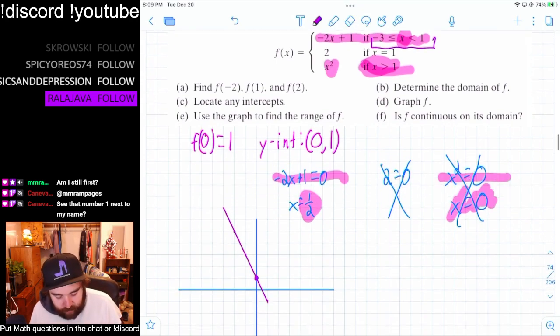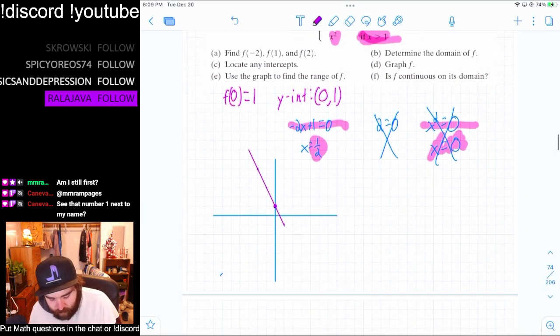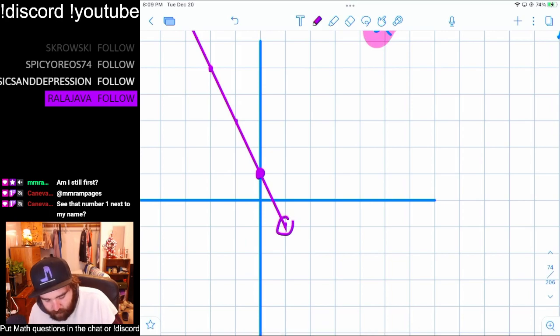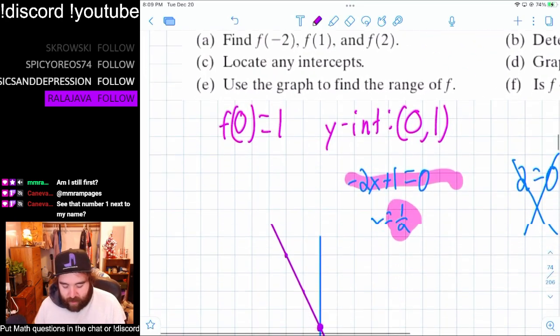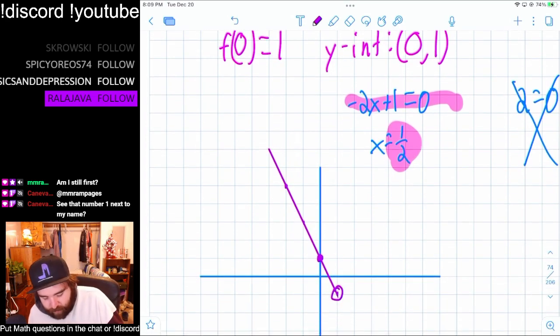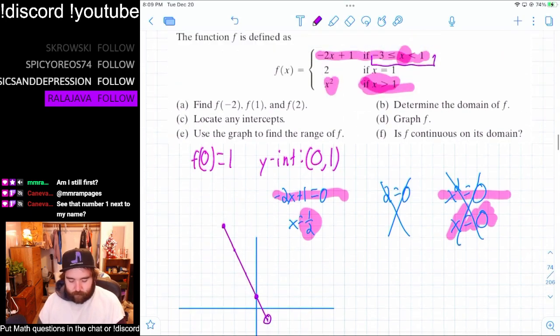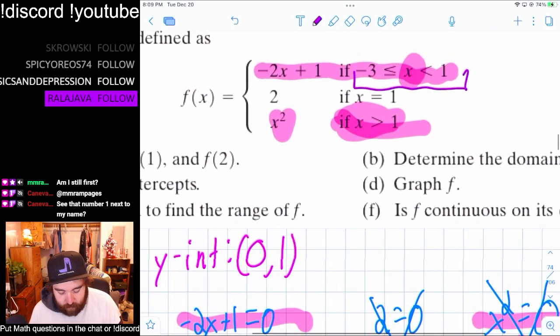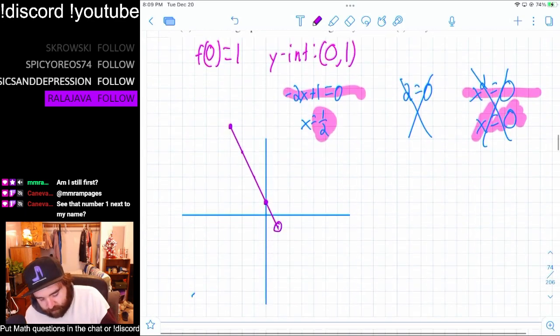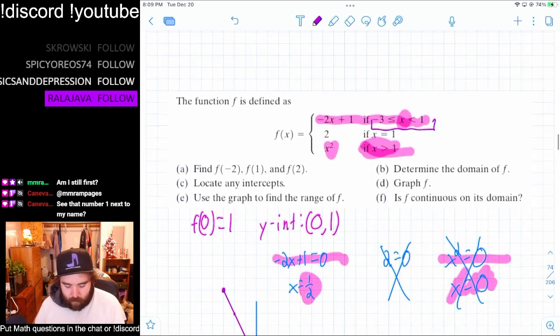And then we also see that it doesn't even apply at 1 either. So we need to have an open dot there to show that. This one does apply at -3, so on the other end, we might as well put a closed dot to make sure people see that. So that's that part of the function. We have it graphed from x equals -3 to x equals 1.